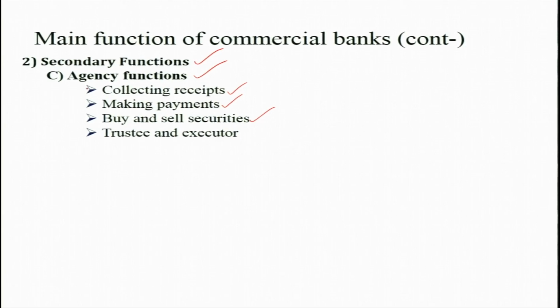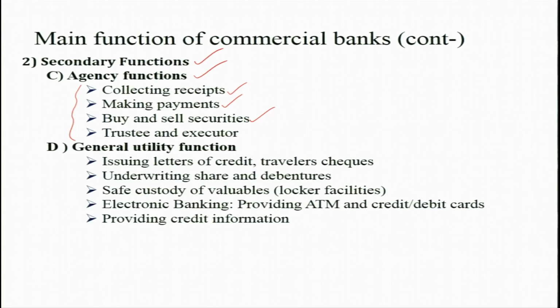These are all the agency functions done on behalf of their customers. In addition, banks also perform several general utility functions, that include issuing letters of credit, travelers checks, underwriting shares and debentures, safe custody of valuables, that is locker facilities, ATM, providing credit information, etc.